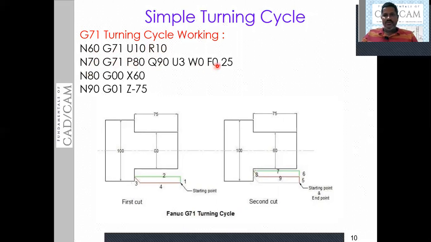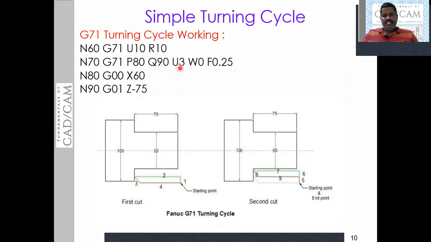The next block consists of the sequence numbers, or the addresses of the blocks, that we need to repeat, from and to, like P80 and Q90. 80 is the sequence number or address of one block, and 90 is the address of the other block. So these are the sequence numbers we need to specify, which need to be repeated.